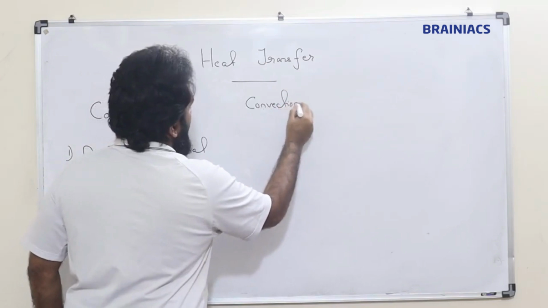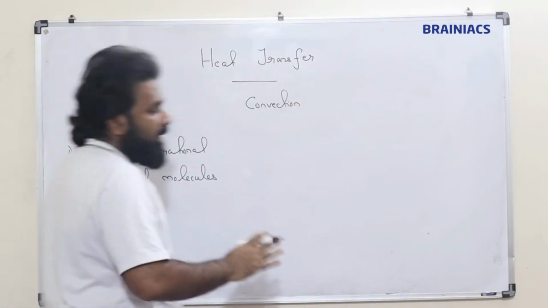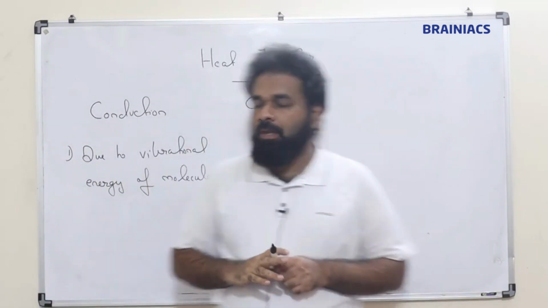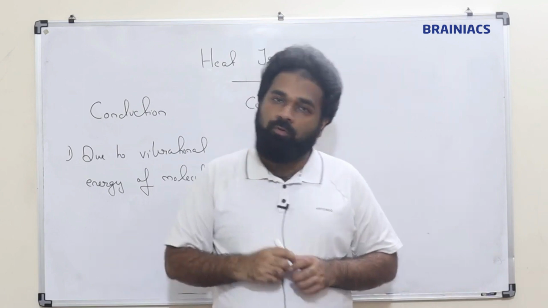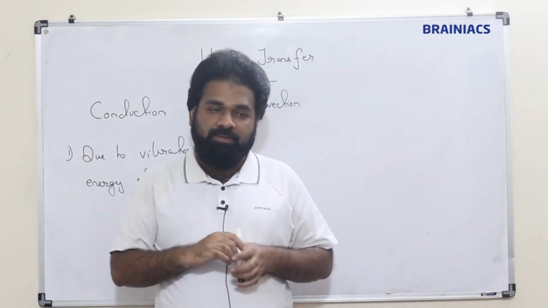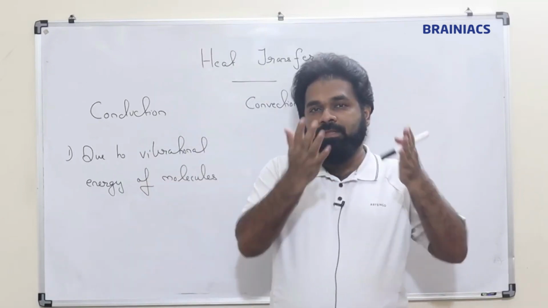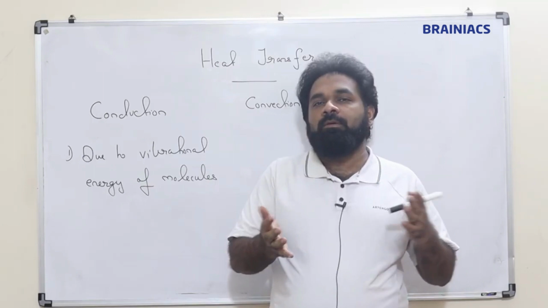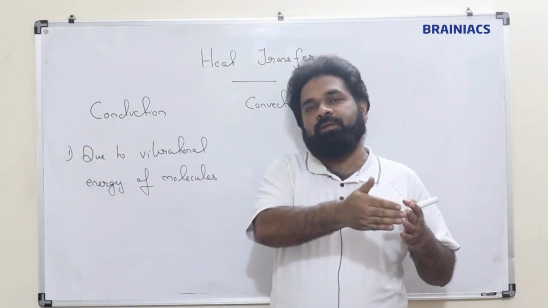Next one is convection. Not only this point, other points also we will discuss. First we will just get an introduction. In convection, actual movement of the molecules will occur. This is mainly due to density difference. If at one place the temperature is more, the density will be less, so from the other point molecules will come to this place.